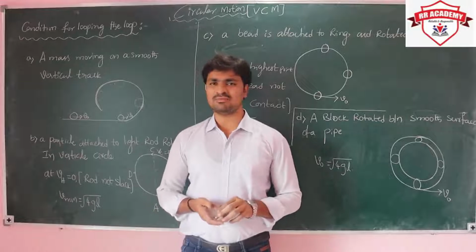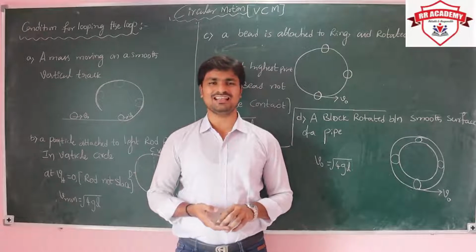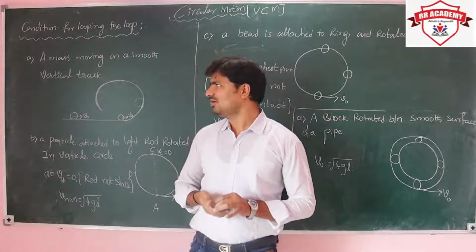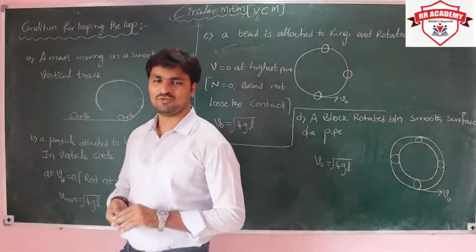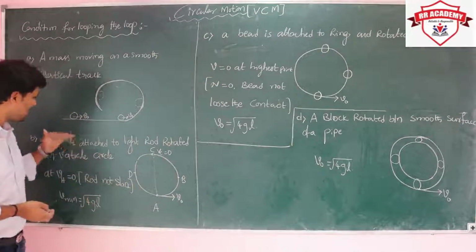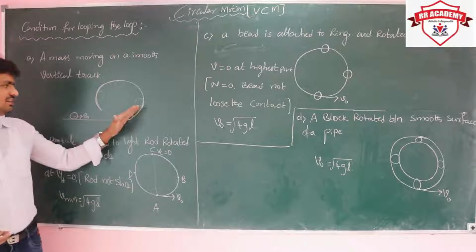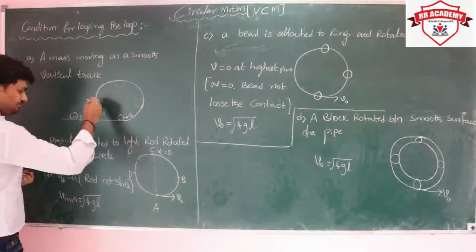Now we have some conditions for looping the loop. What are the looping the loop conditions? First example: a mass moving on a smooth vertical track. The mass is moving with a velocity v0 and circulating in this path.